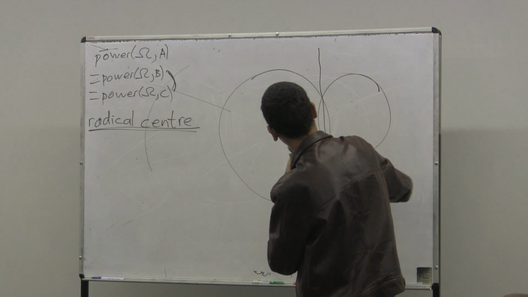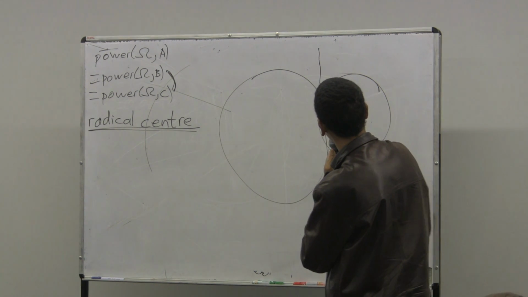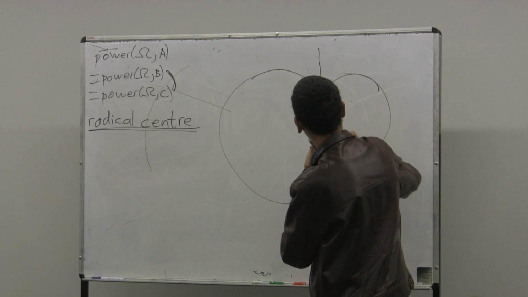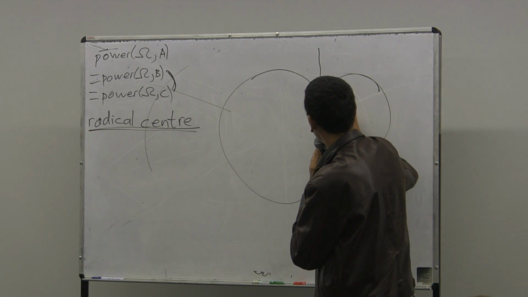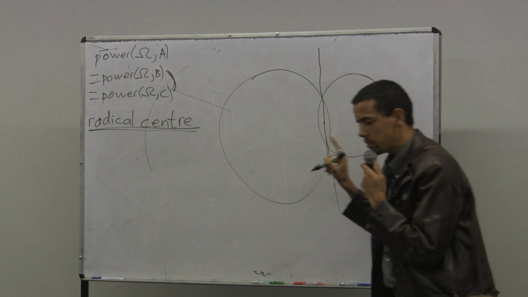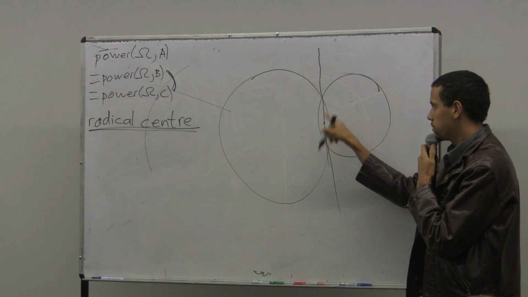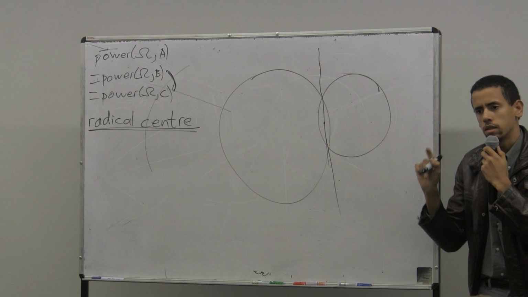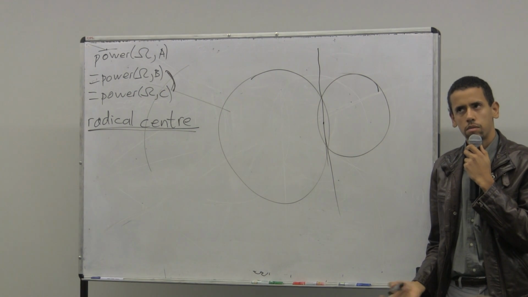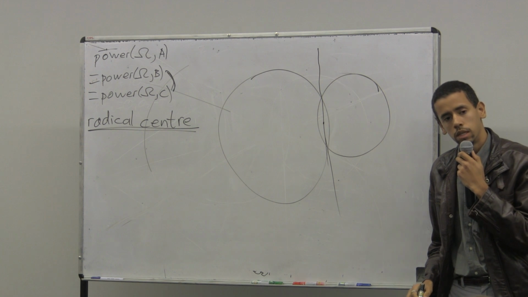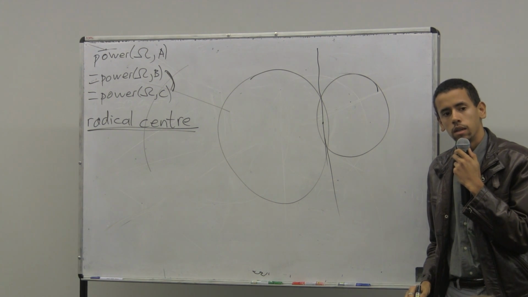You've got your radical axis, which goes through those two points, but you've got points which are inside both circles. How do you define the power of a point that's inside the circle? Negative.